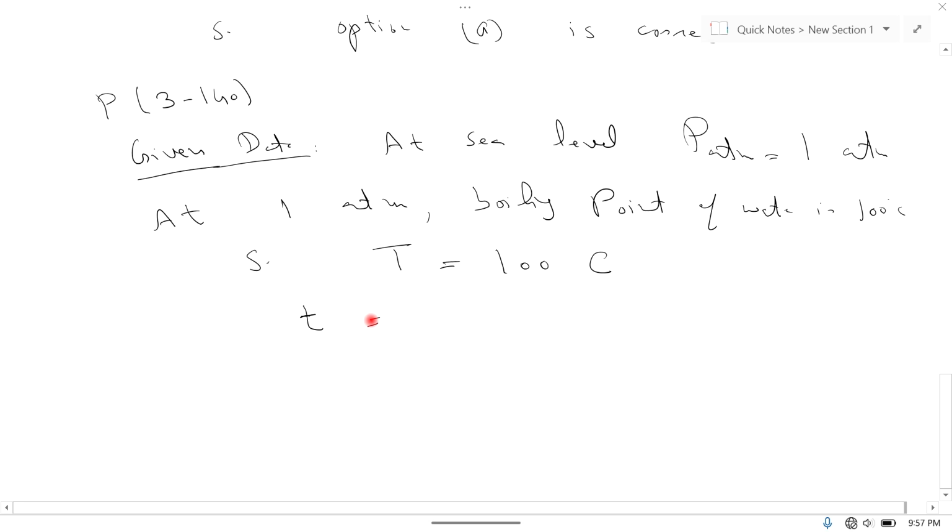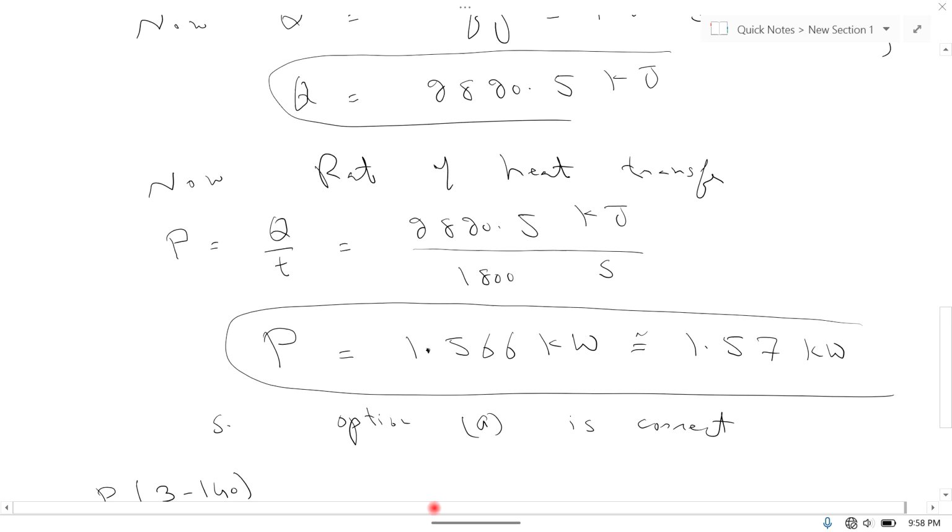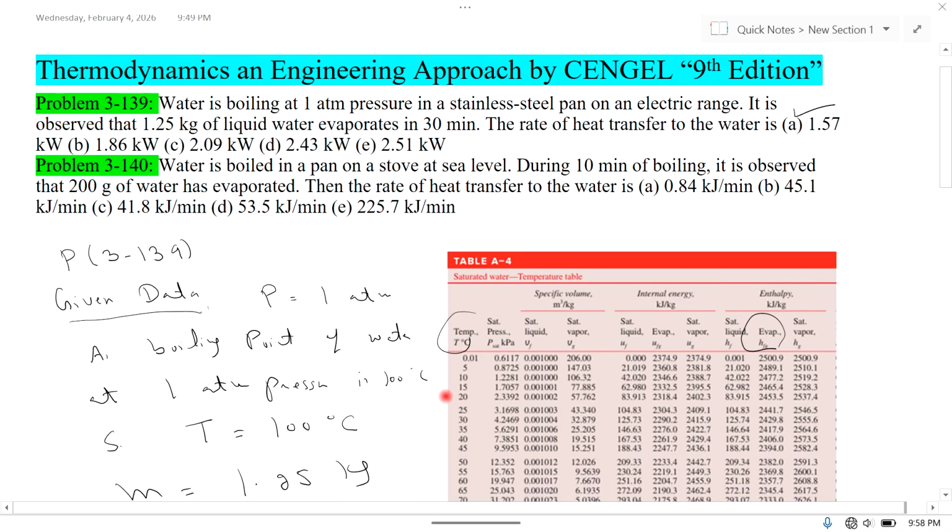Time given to us is 10 minutes, and mass evaporated is 200 gram, which is equal to 200 divided by 1000 kilogram, which is equal to 0.2 kg.